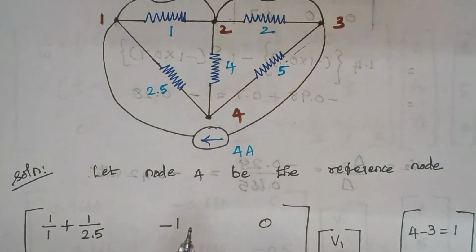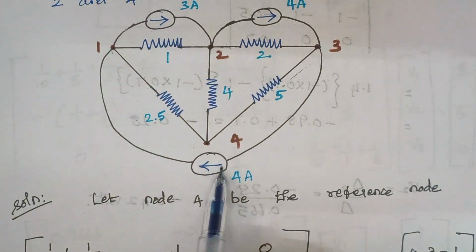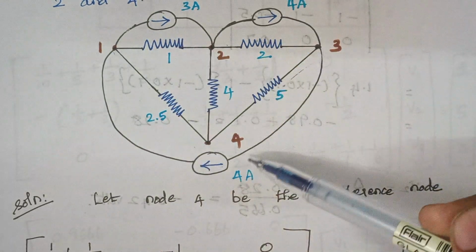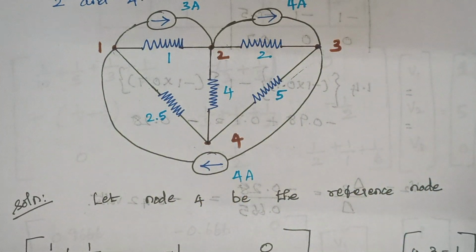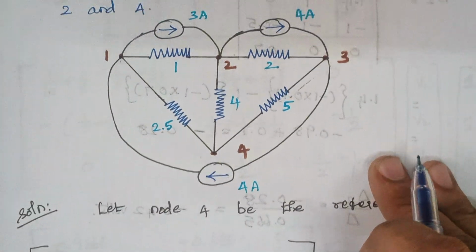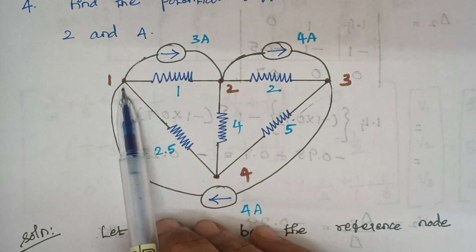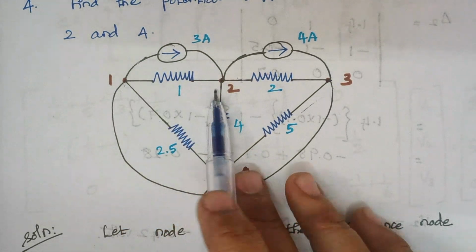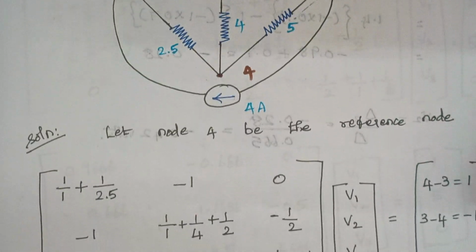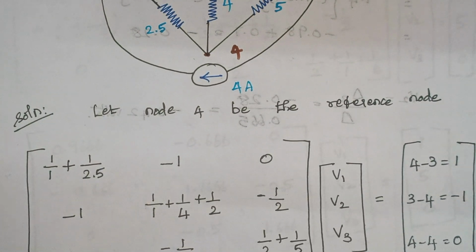And again, you see, to this node 1, the 4 amps is coming towards node 1 and 3 amps is leaving. So 4 minus 3, that gives the answer as 1. Right, therefore here it is 1. And the next thing is, again when you look at node 2, 3 amps is coming towards and 4 amps is moving away. Therefore 3 minus 4, that is equal to minus 1.